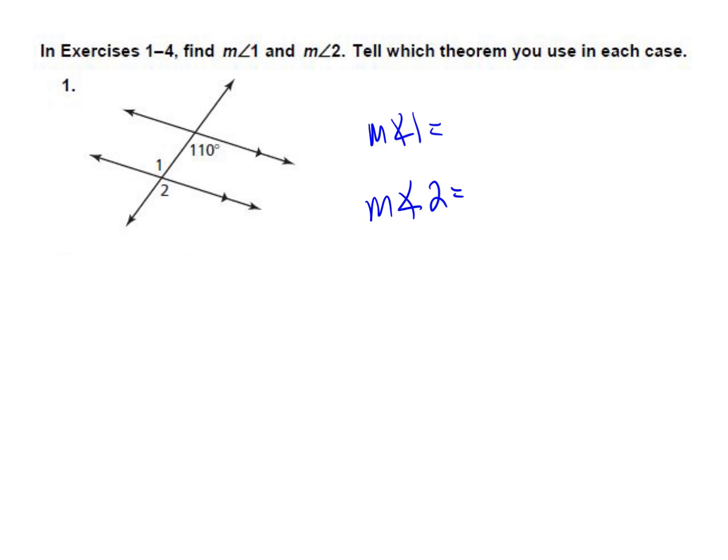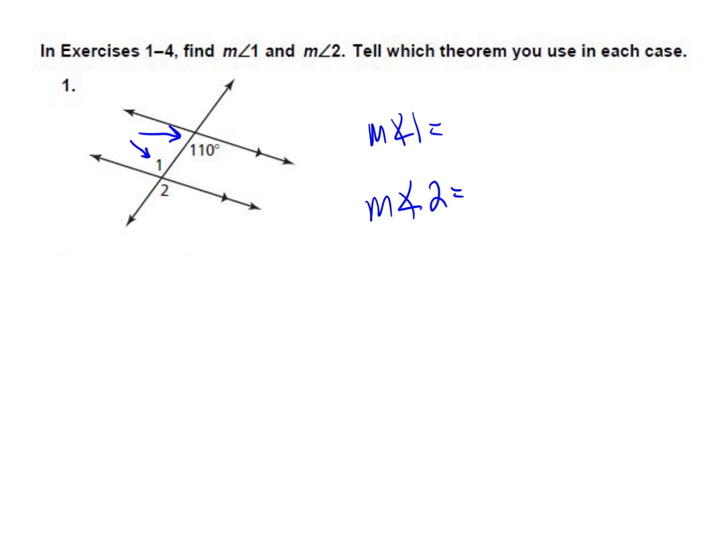The 110 degree one, right? So it doesn't matter what order I find the angles in, we don't have to find angle 1 then angle 2. Because sometimes you're going to find that you need to find what angle 2 is so that it helps you to find angle 1. Does that make sense?